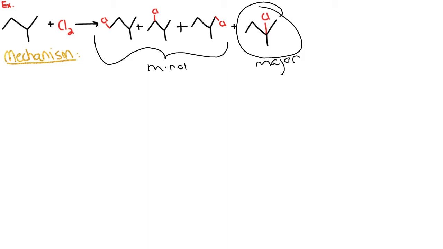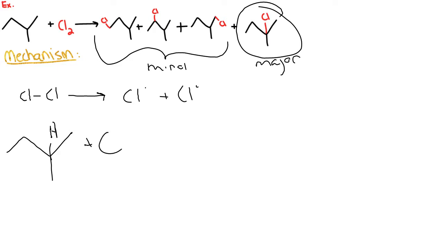Your first step in the mechanism for all of these halogenation reactions is initiation, where you break up your halogen into your 2 radicals. And then your radical is going to attack your hydrogen on your alkane.